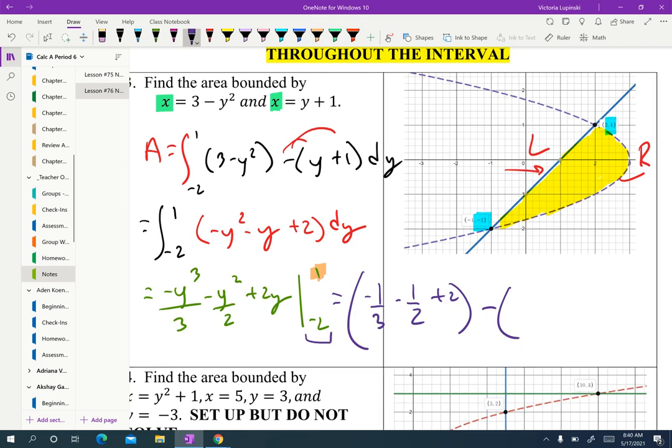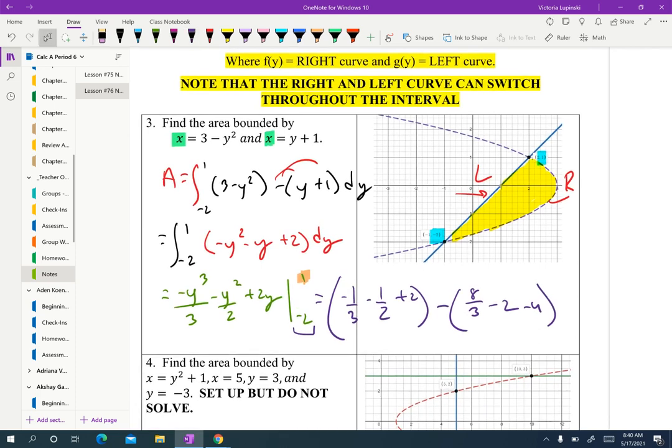When you cube a negative 2, you're going to get a negative 8, which if you then make it negative becomes positive 8/3. If you square a negative 2, you're going to get a positive 4. So that becomes minus 4 over 2, which becomes minus 2. And then minus 4.